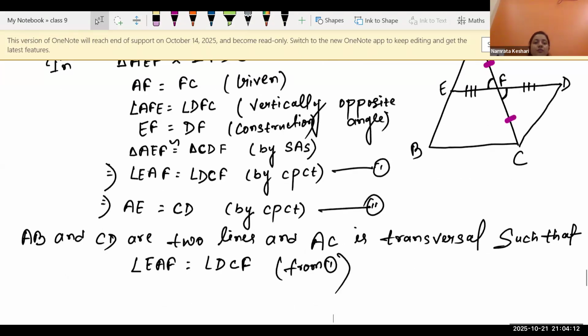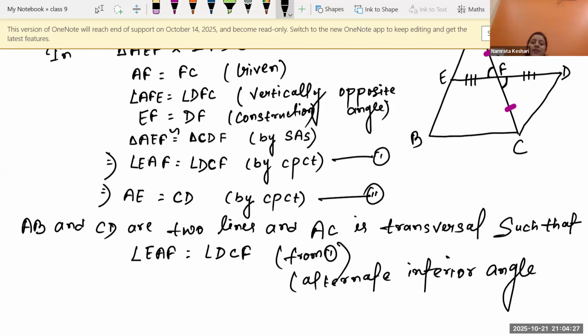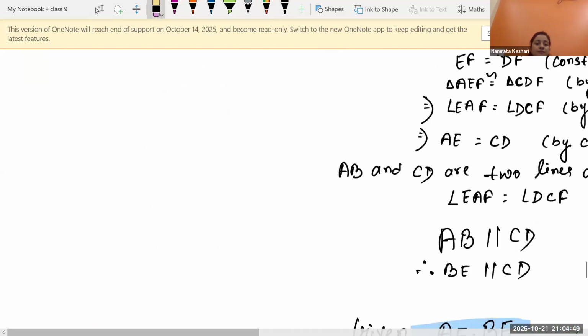Therefore, it's a pair of alternate interior angles as well, which implies that AB and CD must be parallel. And from here only we can say that BE and CD also will be parallel. Clear so far? The steps. Yes, ma'am.